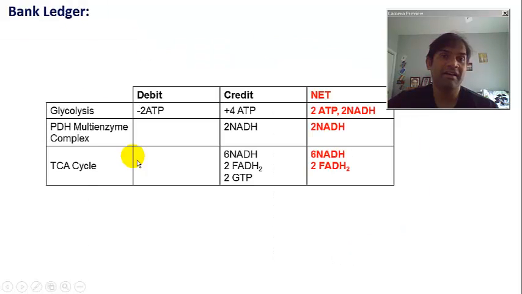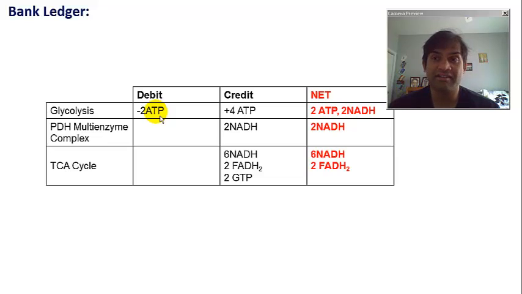Before we do that, let's just do a balance sheet of where we are at energetically speaking. If you remember in glycolysis, the first step of glycolysis, hexokinase, and the third rate-limiting enzyme of glycolysis, catalyzed by PFK1, those take in ATPs.